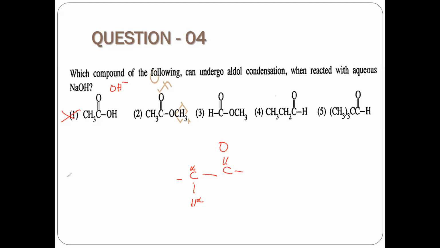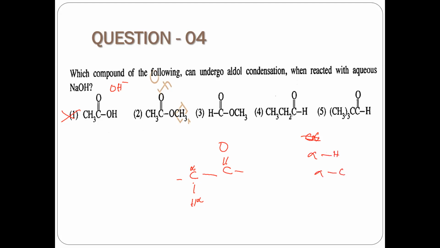Then it will become a carbanion. For stabilization, this carbanion again reacts with the same group. Now it will perform the condensation itself. So this is what is happening here. You have to look for the alpha hydrogen and alpha carbon.